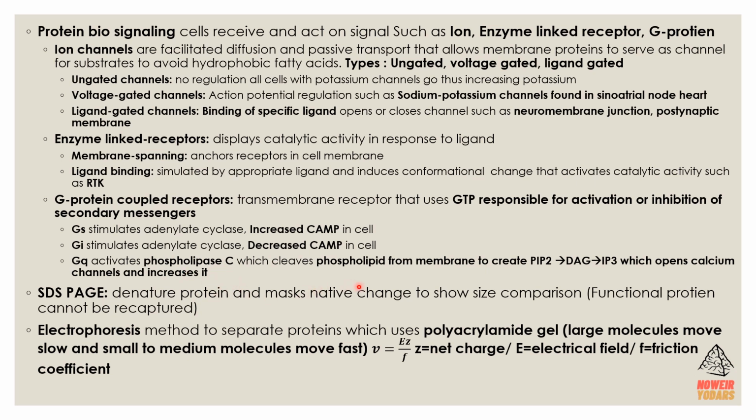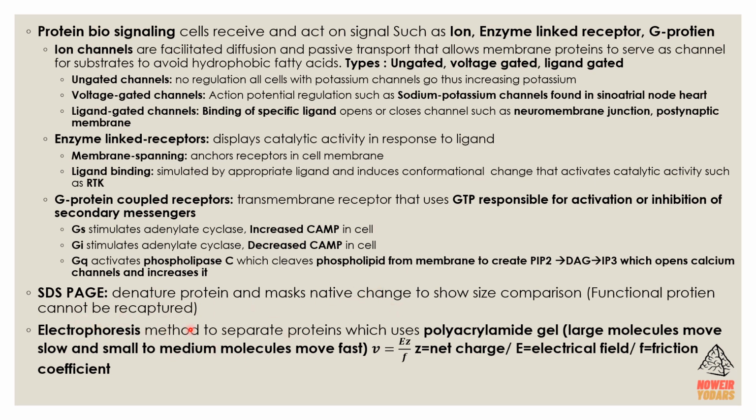So Gq is responsible for the increase of calcium because it activates a certain phospholipase, which cleaves phospholipids, and then it results at the end in the opening of calcium channels. So Gs increases cAMP, Gi decreases cAMP, and Gq increases calcium.